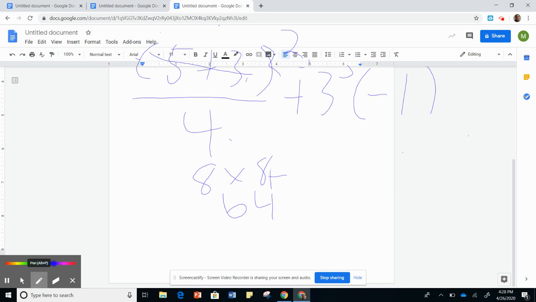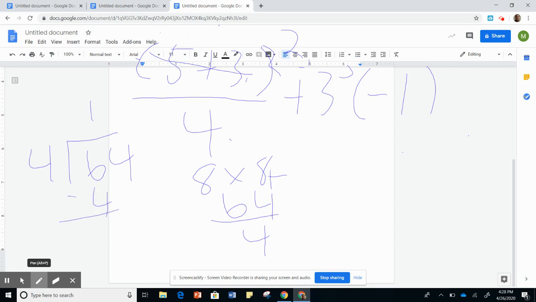Okay, 64 divided by 4, if you need to do long division on that to the side, you can do it over here. 4 goes into 6 one time. 1 times 4 is 4. 6 minus 4 is 2. Bring down the 4. 4 goes into 24 6 times, so that's going to be 16.